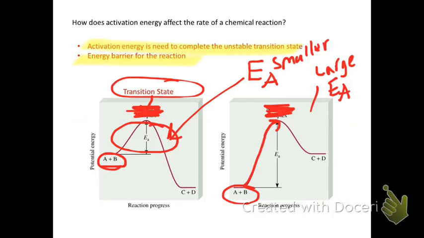All right. So what I want to do here is summarize and put this all together. Collision theory is the idea that reactant molecules must collide successfully with each other to initiate a chemical reaction.